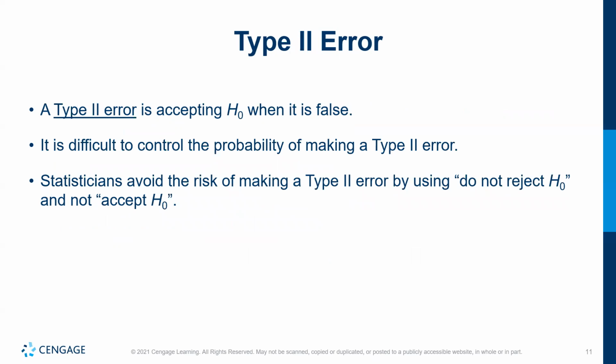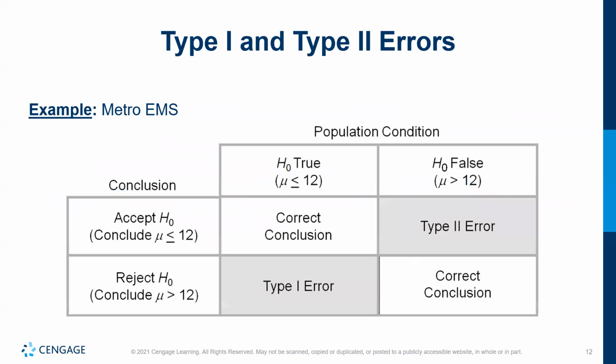Type 2 error is accepting the null hypothesis when it's false. It's super difficult to avoid this error altogether. So I don't want to go too deep into it, but those are the two types, type 1 and type 2 error you might hear a little bit more about.